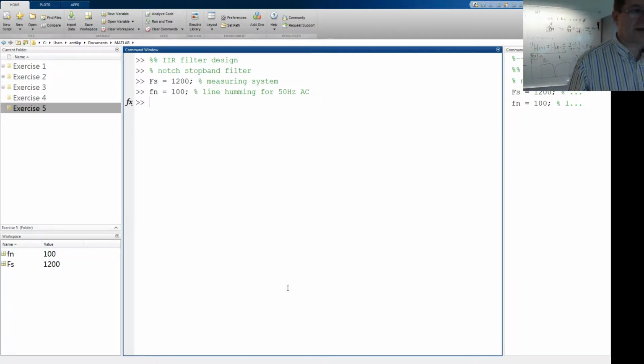Okay, but there we have the sampling rate and we have Fn. We can now start designing the filter.